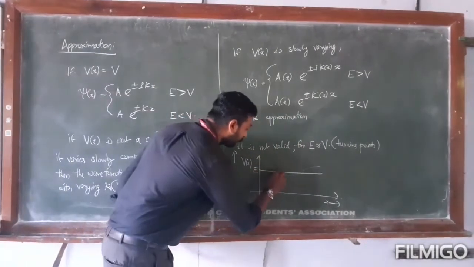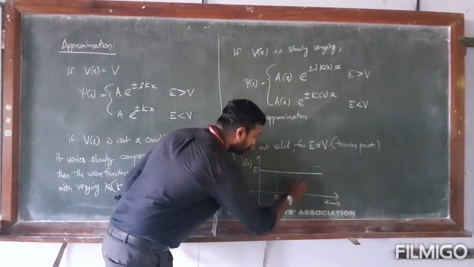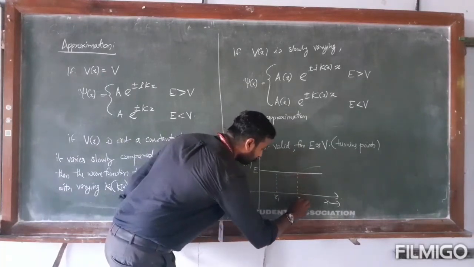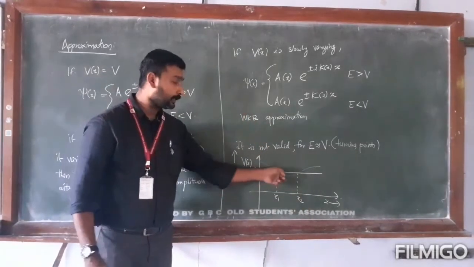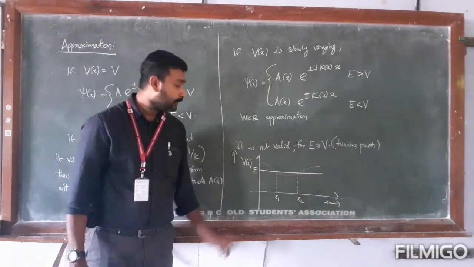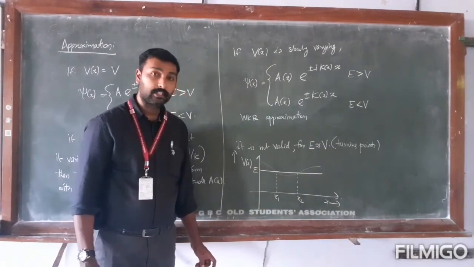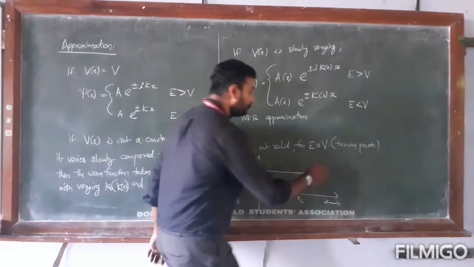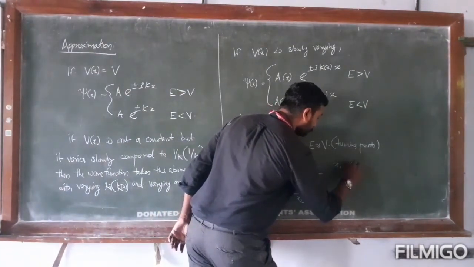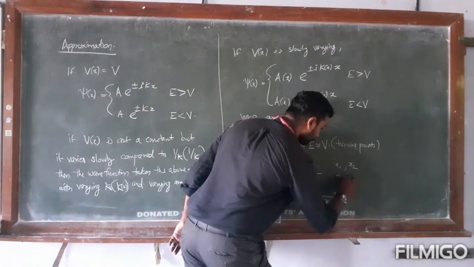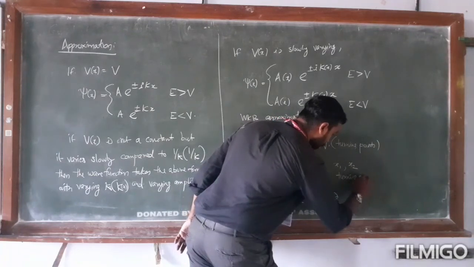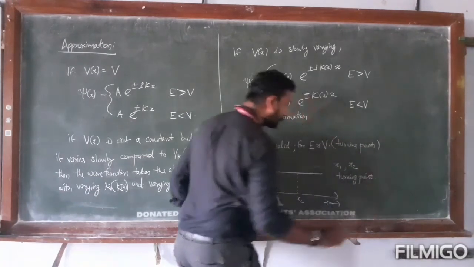Now if here you have two points x1 and x2 at which the potential and the total energy are the same, those points are called the classical turning points. Why is this called a turning point?